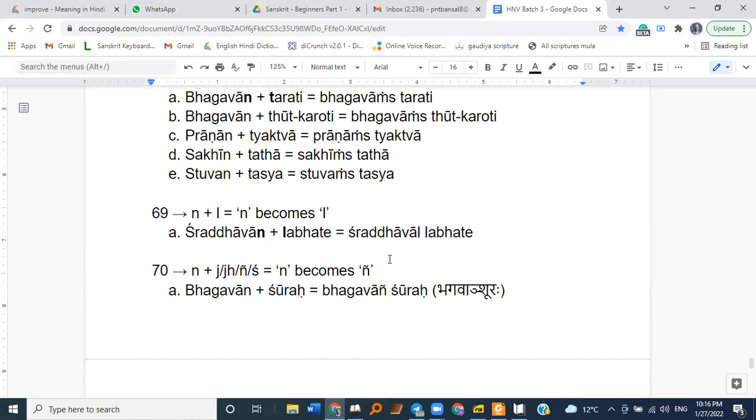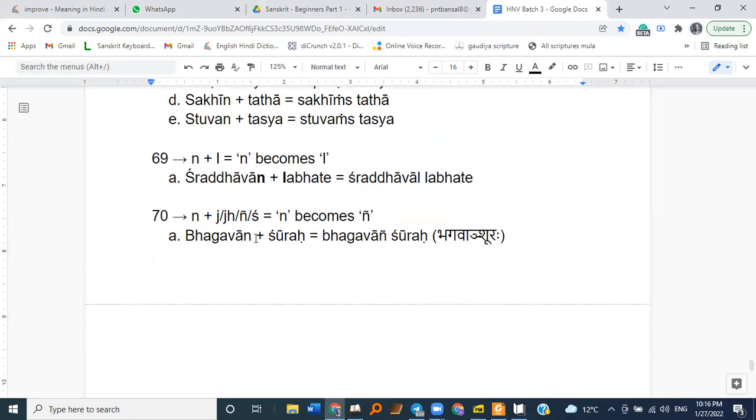So that is Cha, Cha, Ja, Ja, Nya, and then Shuraha. So Bhagavan Shuraha. It's not done yet, this one. This Bhagavan Shura will go ahead also, in the next sutra also. So this is clear, right?